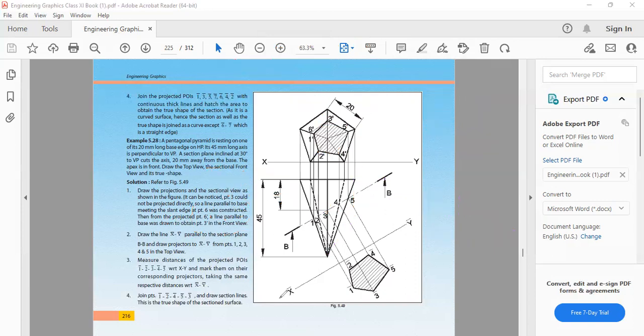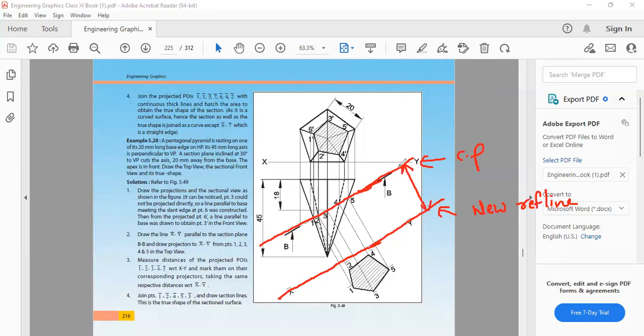First draw a new reference line. So this is my new reference line. This line is parallel to the cutting plane, and this distance you can take any convenient distance.